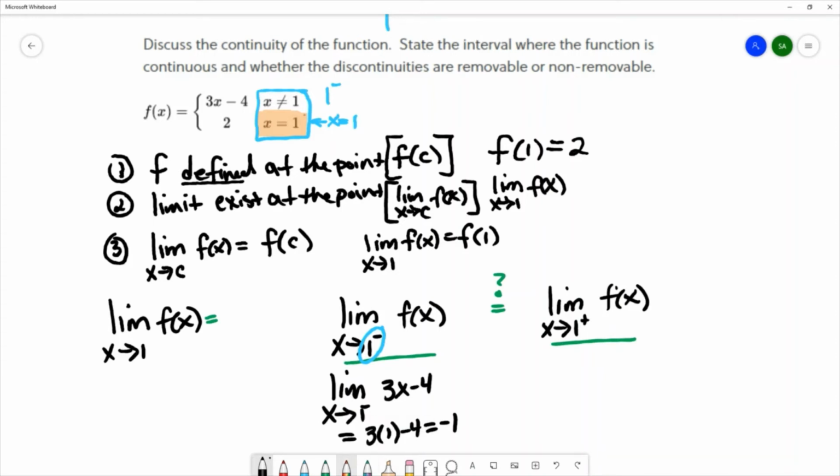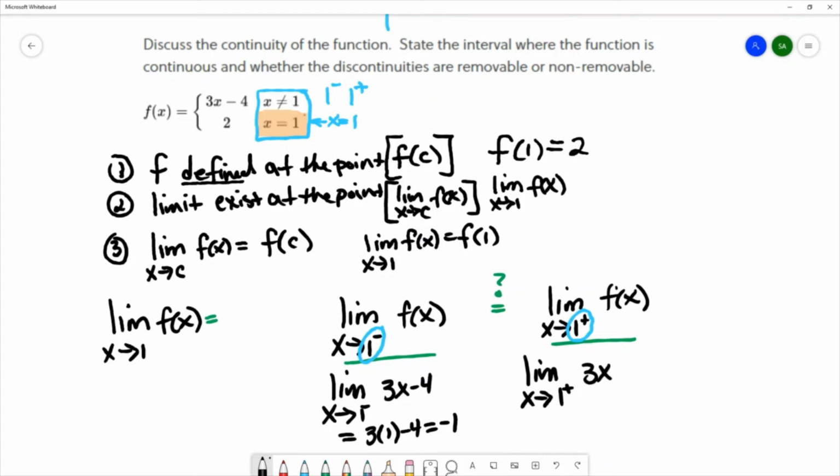And then the same thing happens when we're doing the limit from 1 plus. So above 1, we should be using the first equation, because we use that first equation for every value of x except for 1. So we get the limit as x approaches 1 from above.